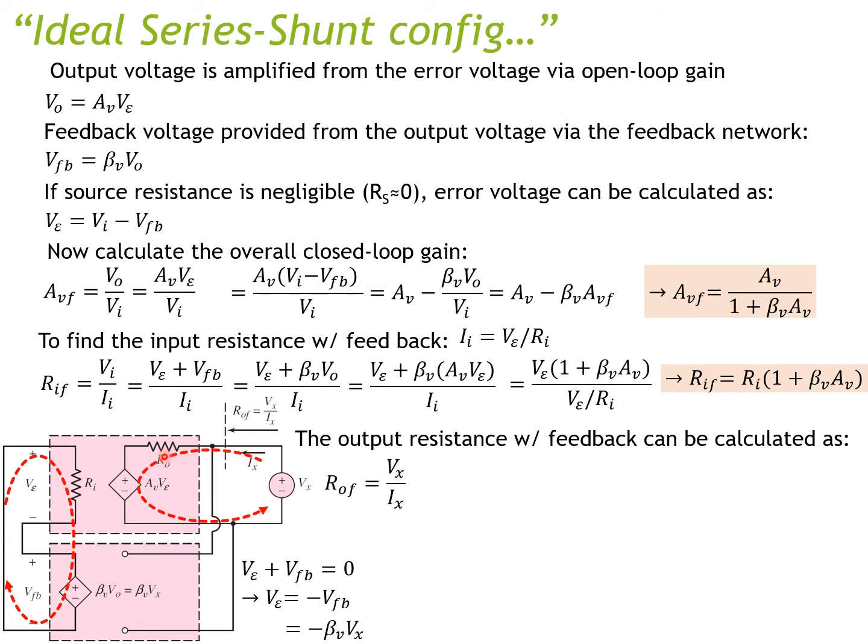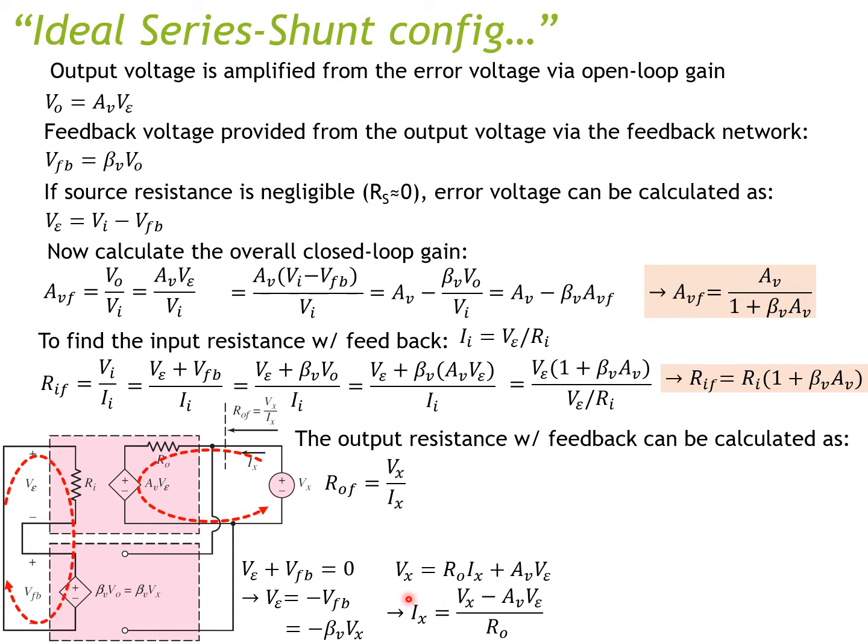Now if I analyze this loop, I can have Vx; I start at this position and use the same Kirchhoff voltage law. I have Vx equal to the voltage across this resistance, which is R naught multiplied by Ix, plus AV multiplied by V epsilon.